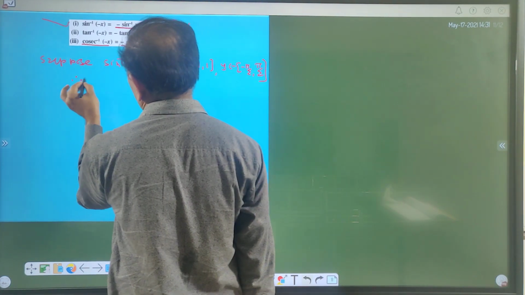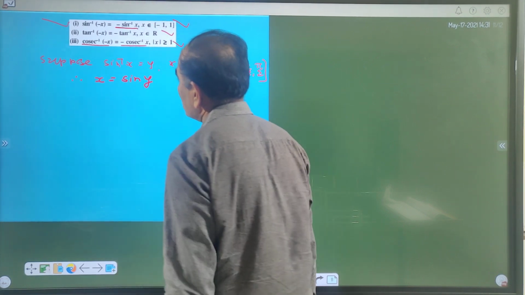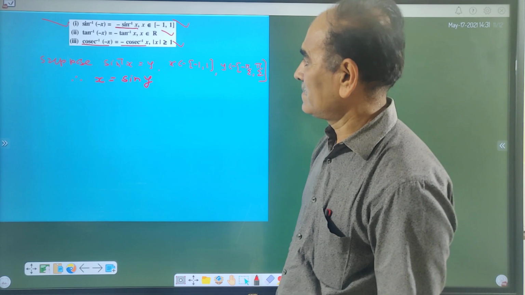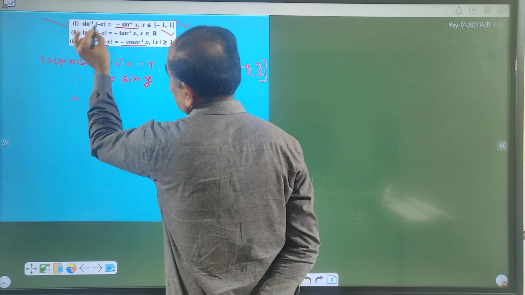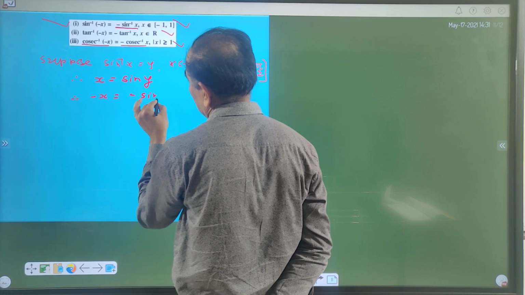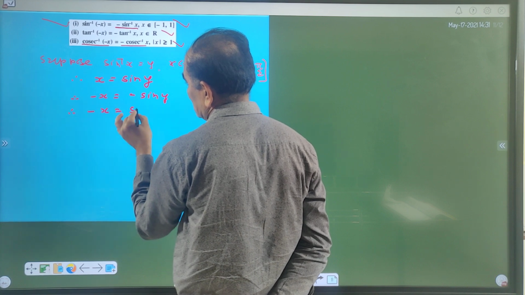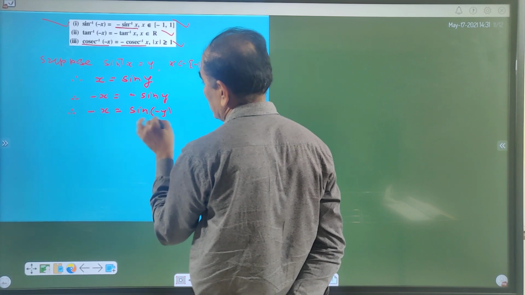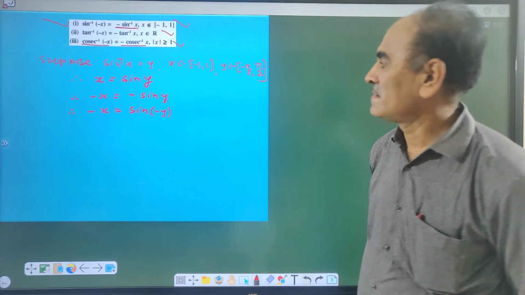Therefore x is equal to sine y. So minus x is equal to minus sine y, so minus x is equal to sine of minus y, because sine is an odd function.